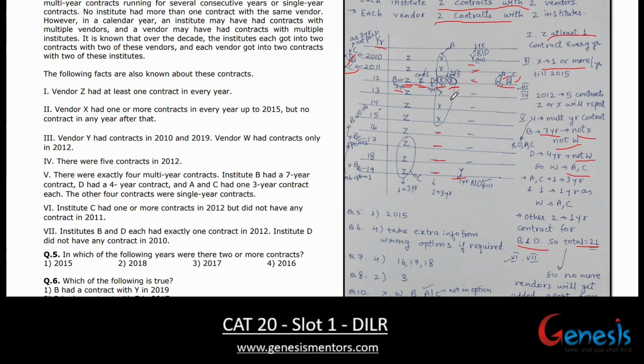So definitely the 3 years for A or C will be 2010, 2011 and 2012. So the 4 years for D will be 2012, 13, 14 and 15, right? So these 4 years are for D and these 3 years are for A or C, right? Okay, we are done with all the conditions.